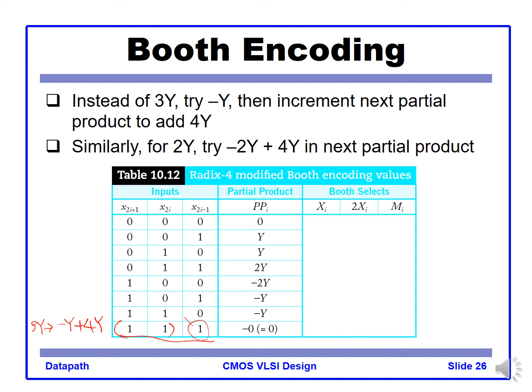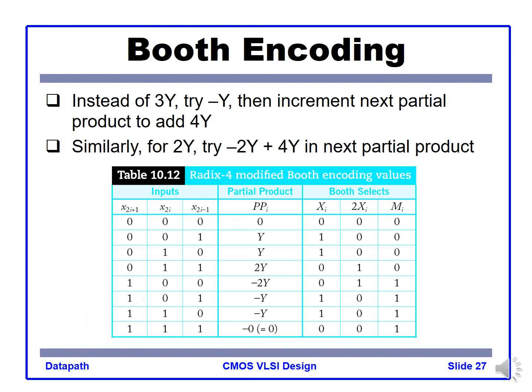One is coming in, so plus y. So this adding up corresponds to 0, like this. Here, minus 0, minus 1, minus 1, minus 2, and plus 2, something like that. Okay.